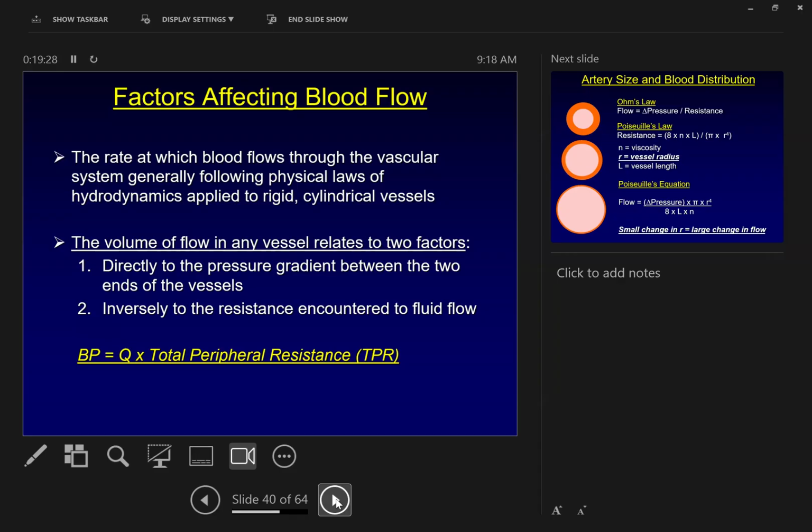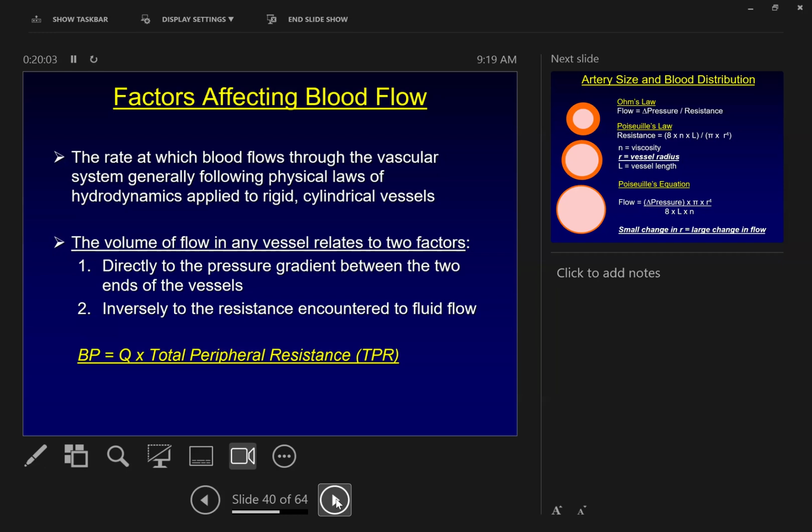So if we look at factors that affect blood flow, the rate at which blood flows through our system follows what we call the laws of hydrodynamics that are applied to rigid cylindrical things. So it's basically blood is a fluid, and when you move a fluid through a pipe, just like the plumbing in your house or in our building here, there are certain physical laws that it must follow, and your blood moves following those same kinds of things.